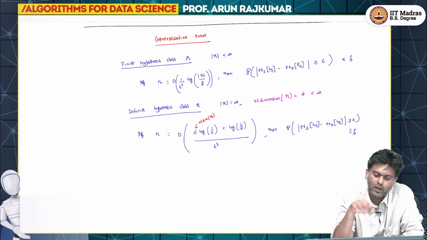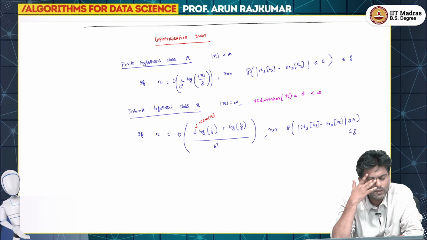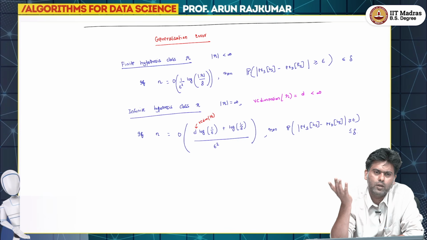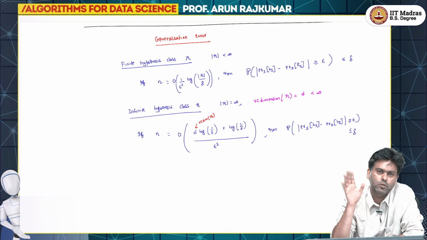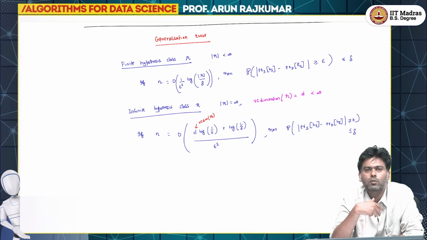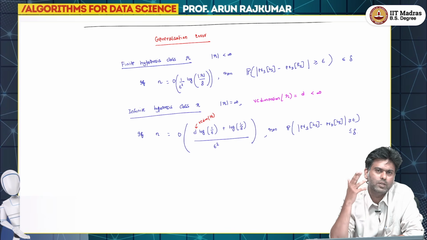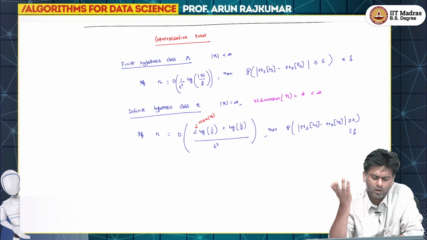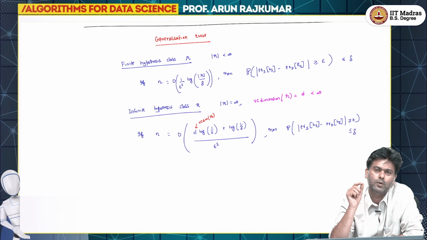There is some extra term that comes here because, in the finite hypothesis case, the Hoeffding bound would give something like the cardinality of H times e to the minus 2 n epsilon squared. Here, the VC dimension of H dictates the effective number of classifiers, so it is something like n to the power d, or with a more nuanced analysis, n divided by d to the power d times e to the power minus 2 n epsilon squared, and you can arrive at something of this form.